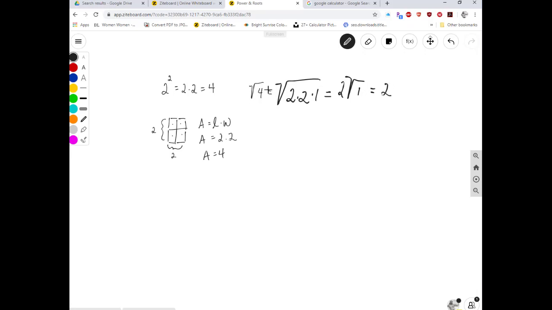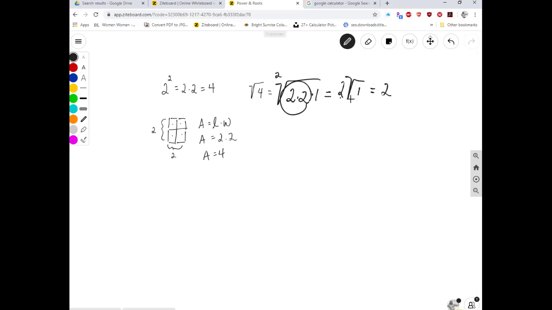Here is my area, 4, and I want to find the sides. What is the length of the sides? What number, when multiplied by itself, will give me the area of 4? Well, if I take 4 and I break it down into primes, 2 times 2 times 1, then because there is this little tiny 2 or invisible 2 that sits on this little sill right here, this little shelf, then I can take out this pair of 2's outside of the radical.